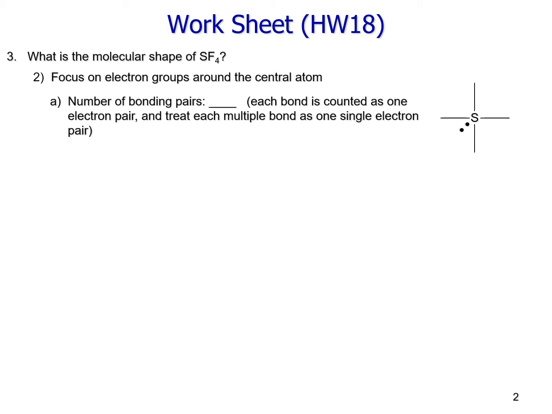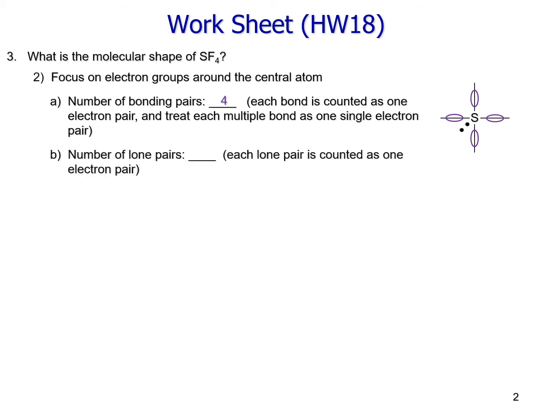How many bonding pairs do we have here? An easy way for us to do it is to circle those bonds. If we do 4 circles, we understand that there are 4 bonding pairs. We circle double bond, triple bond, the same way as we circle single bond.